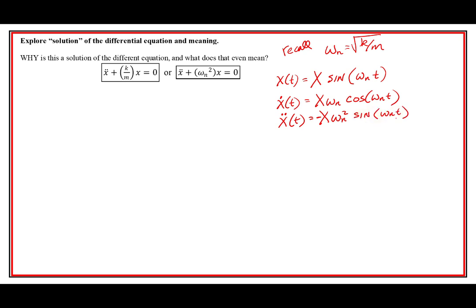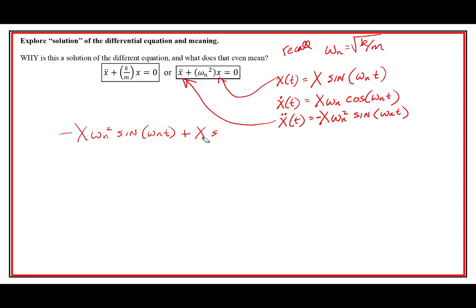And if you were to replace these, you'd have a negative x omega n squared sine of omega n t plus x.